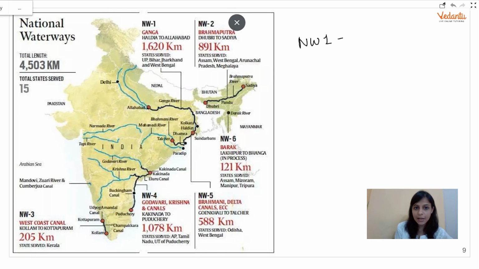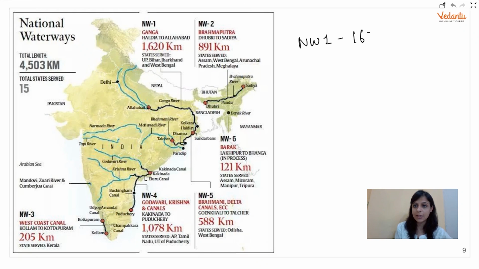This is National Waterway 1 and the length given is 1620 kilometers. In chapter number 7, it's clearly mentioned. So this is National Waterway 1 on the Ganga River from Allahabad to Haldia. Clear? Makes sense?